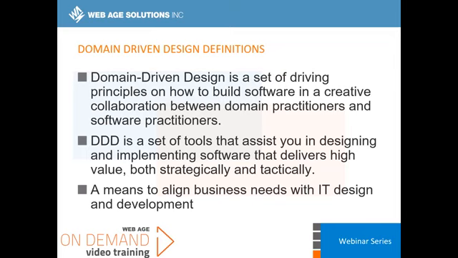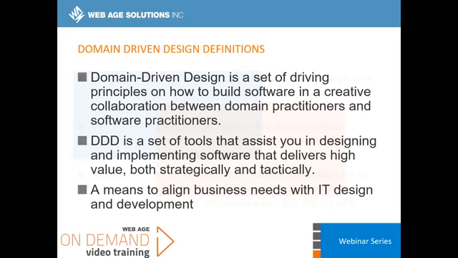Now, the other thing that domain-driven design is, beyond a set of principles, is a set of tools or models that you use to design and implement that software, and to ensure that the software that you do deliver has a significant value to the business.